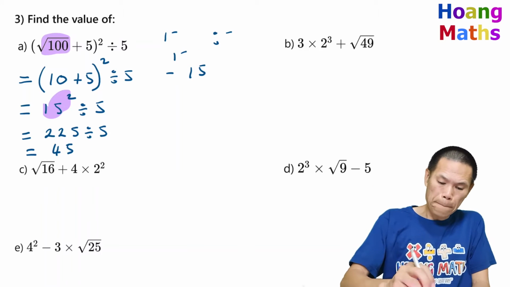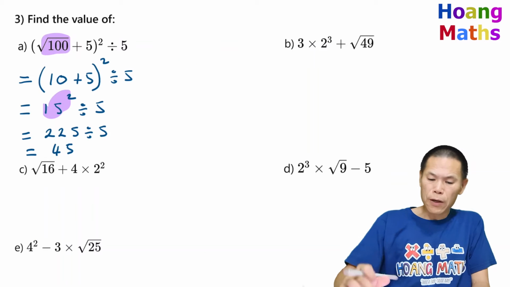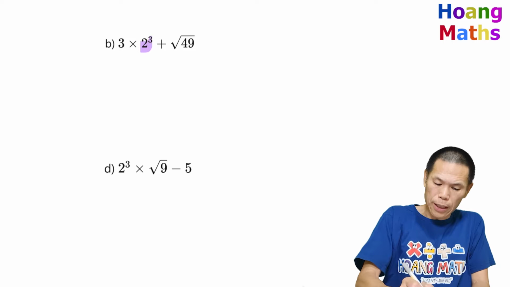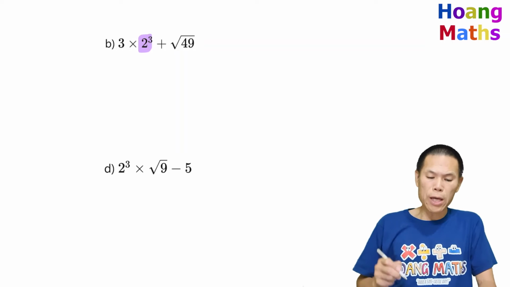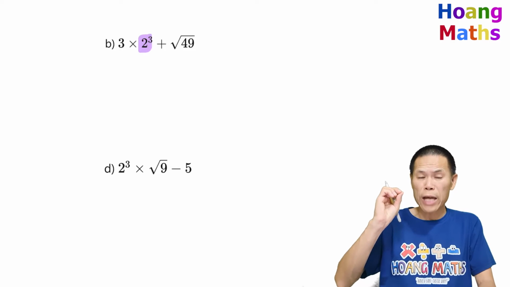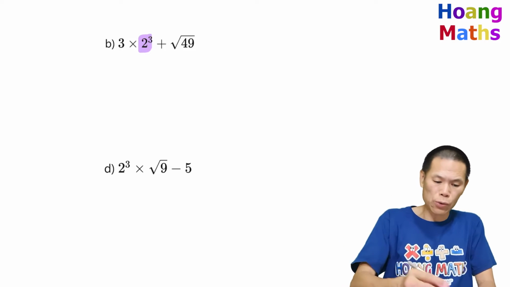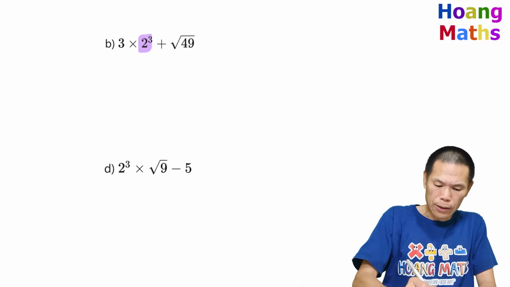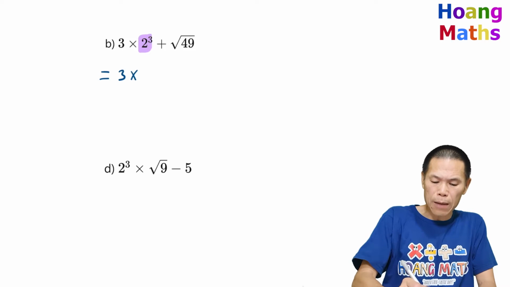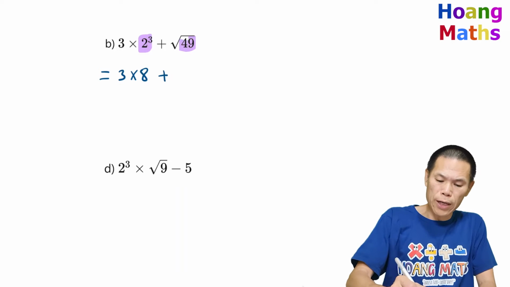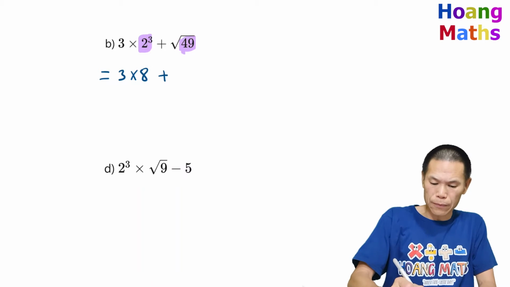So now, part B. First of all, we need to work out the cube first. 2 to the power 3 is 8, because 2 to the power 3 is 2 times 2 times 2. 2 times 2 is 4. 4 times 2 is 8. So the answer is 3 times 8 plus, now square root of 49 is 7.